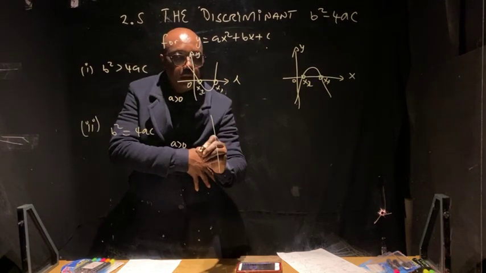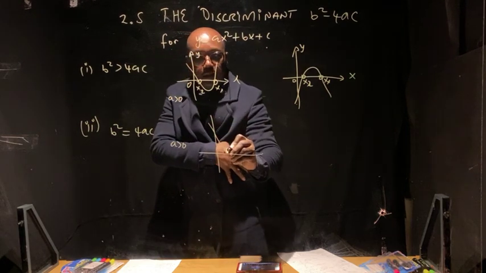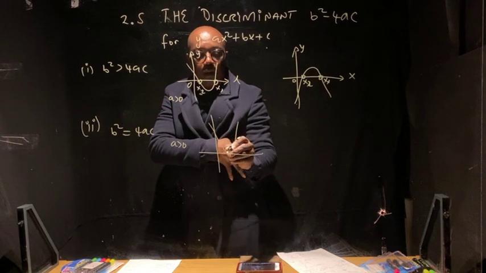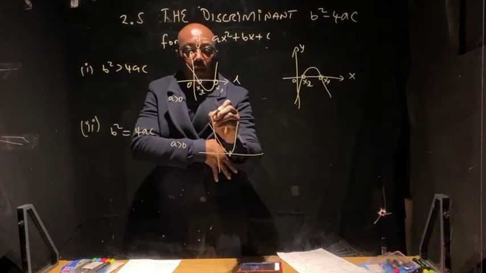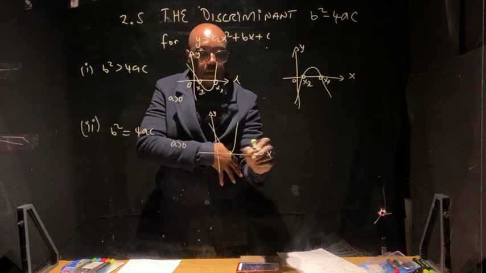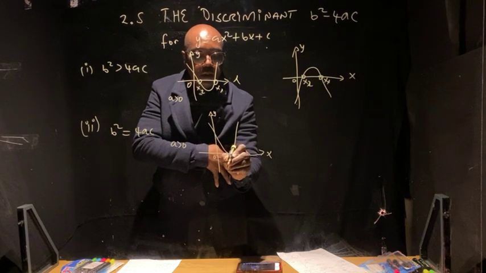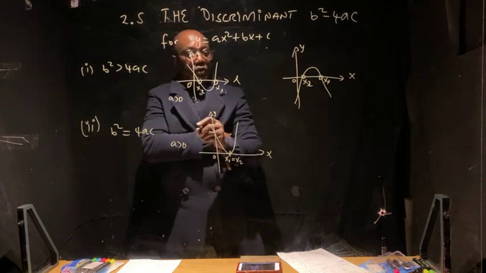In that case, you can see that the curve will touch the x-axis once, meaning one repeated root. This is the y-axis, x-axis, and this is the origin, and here x1 is equal to x2, identical roots.